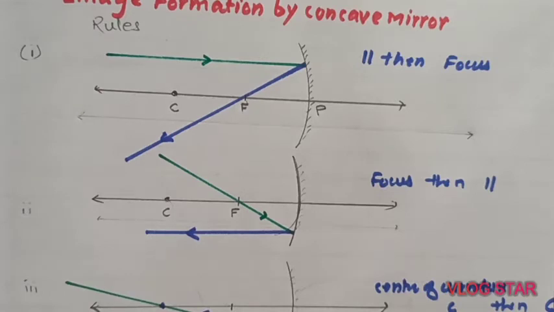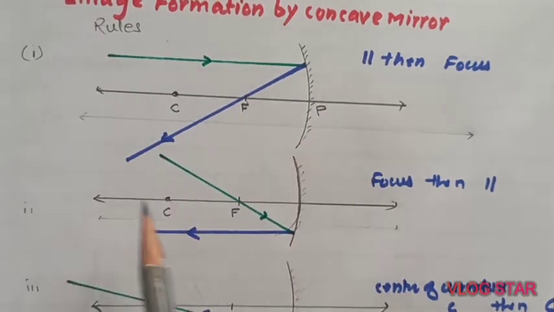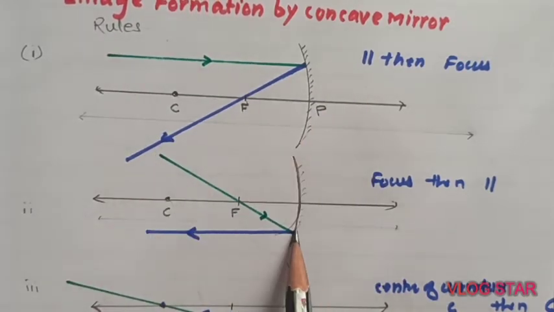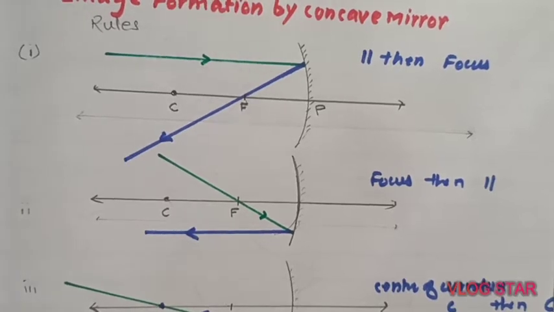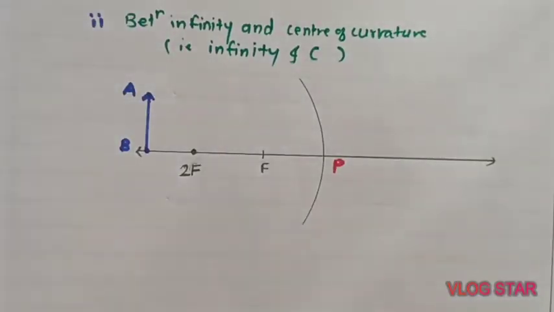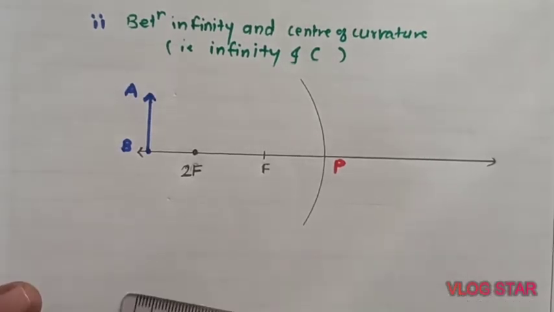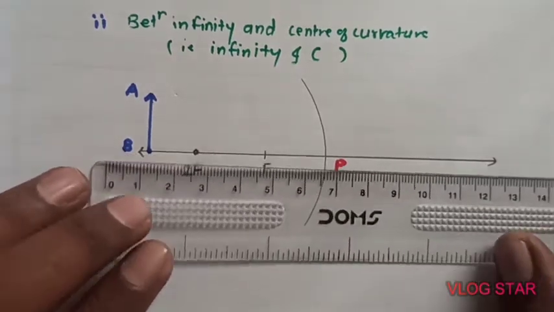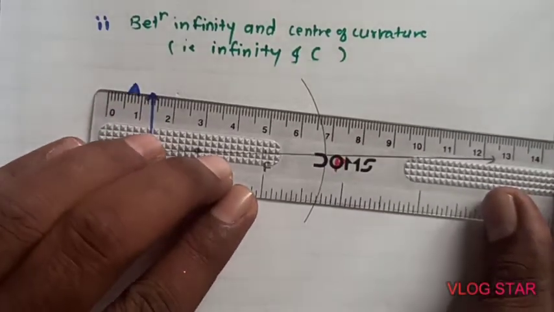If parallel, then it passes through the focus. If through the focus, then the reflected ray is parallel, and the last is through the center of curvature, reflected through the center of curvature. So we will take two options out of these three to get the image. So the first option, the common option, is if parallel. Suppose the incident ray is parallel.